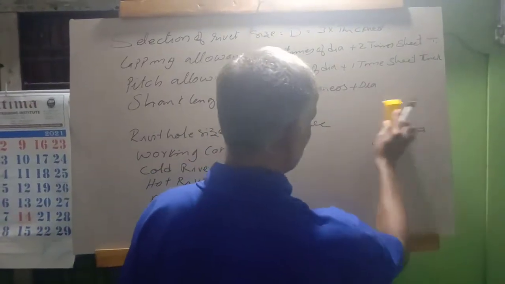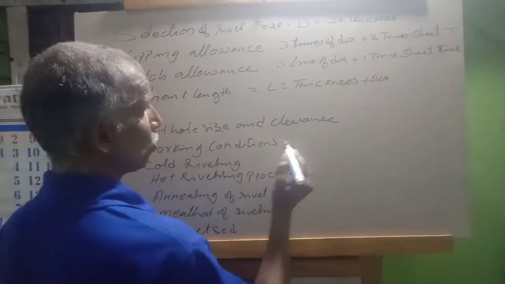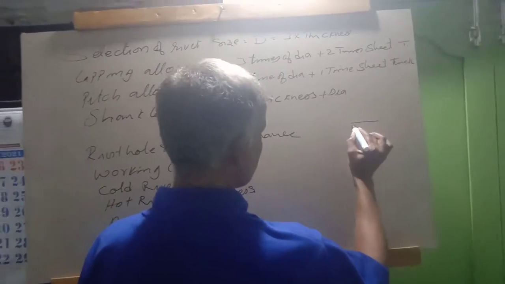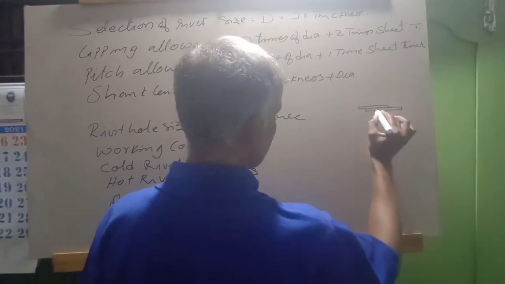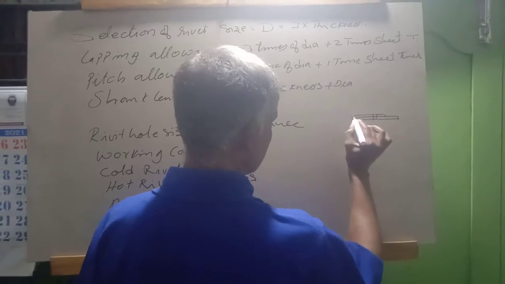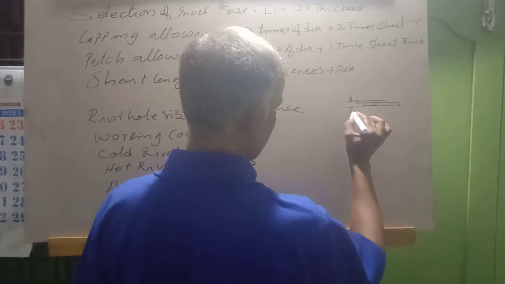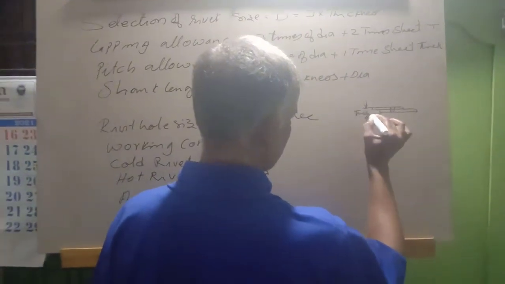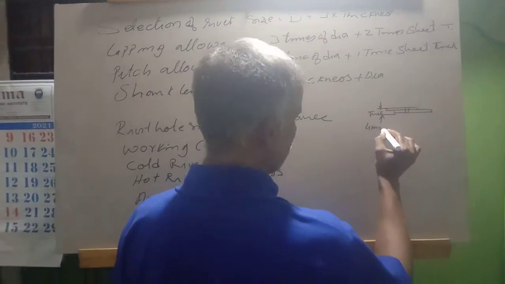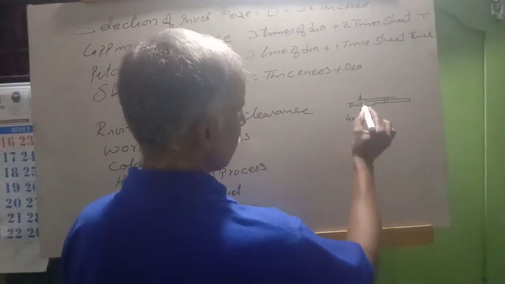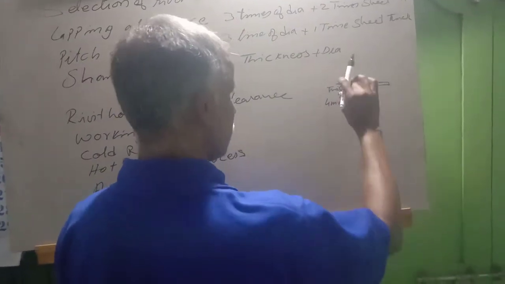Now, for joining two sheets, this is the thickness of the two sheets, for example 4 mm. When you use 3 sheets, we take the thickness of all 3 sheets.